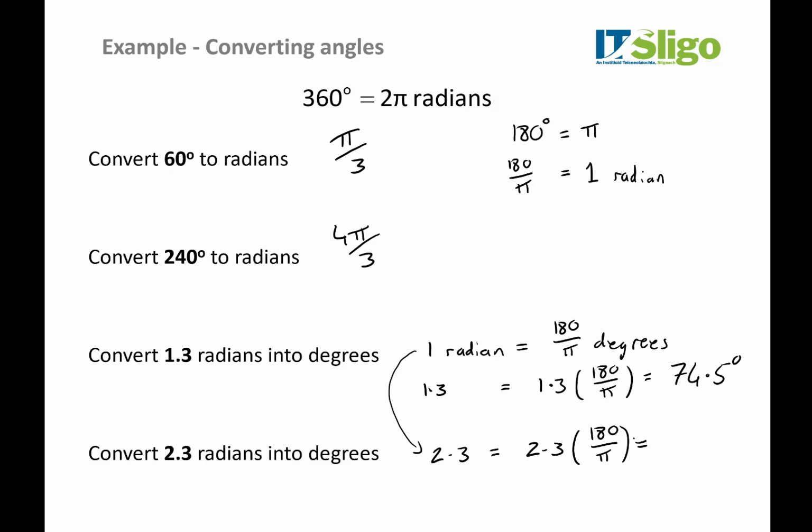And when we do that, we get 131.8 degrees. So that's just how you go from degrees to radians and vice versa.